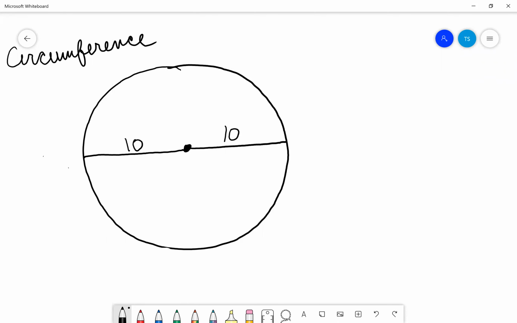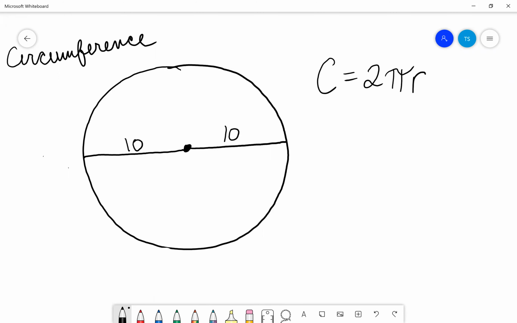To find the circumference and area, there are two different equations. The circumference of a circle is going to be 2 times pi, the Greek symbol pi, times our radius.